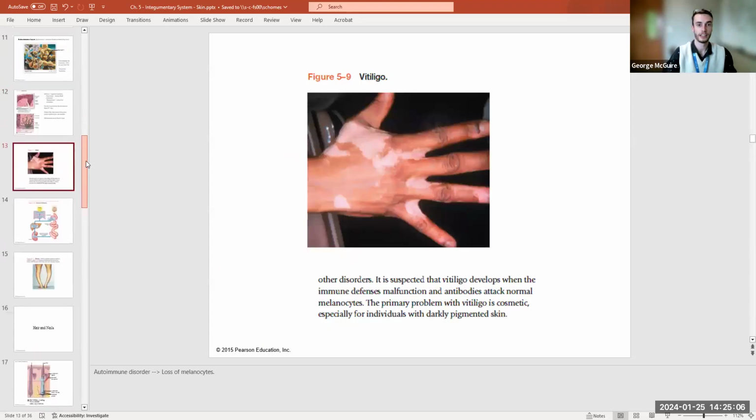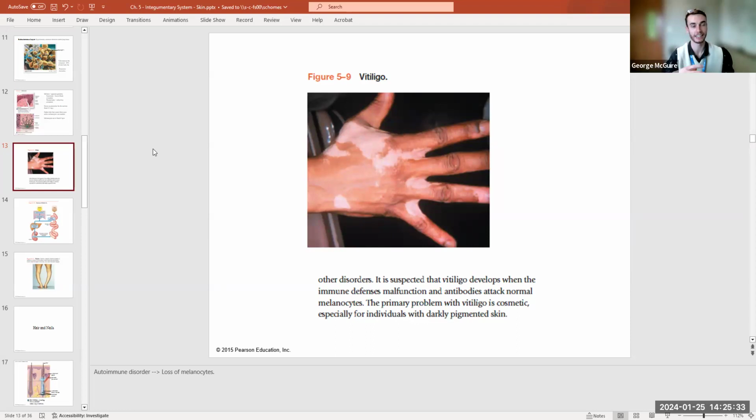So one of the diseases or conditions brought up in the text related to melanin production is vitiligo, and vitiligo is an autoimmune disorder. So this abnormal production of melanin or abnormal coloration of the skin is because the immune cells are recognizing melanocytes as foreign, so thinking that they are invaders like bacteria or viruses.